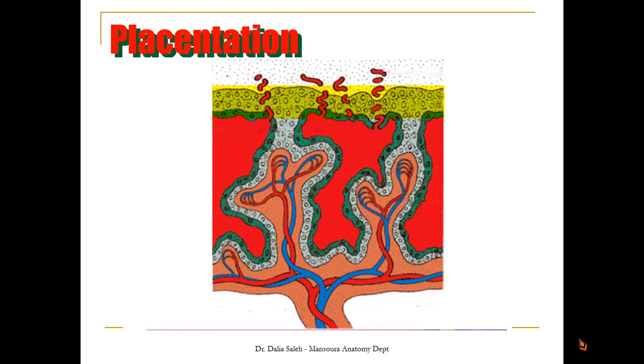It's called cytotrophoblastic shell, which lies close to the endometrial lining of the uterus. Here we can see inside the endometrial lining of the uterus, and this area will be the decidua basalis. We can see the endometrial capillaries or blood vessels that are eroded and fill the gaps between the chorionic villi. This is called the intervillous spaces.